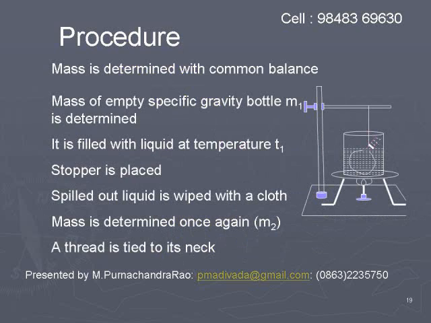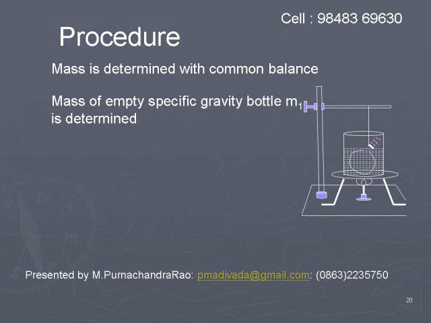The procedure for determining the apparent expansion. We take an empty specific gravity bottle, clean it and make it dry, and then its mass is determined with a common balance. Let us suppose its mass is m1.